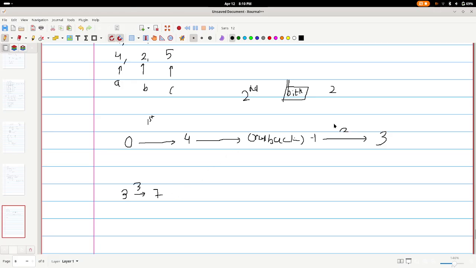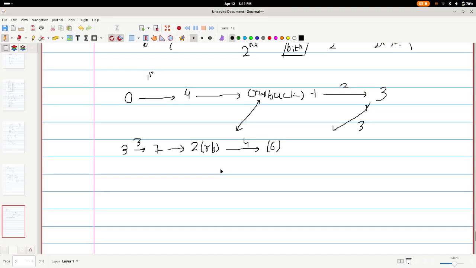Before the 2 bith jump, what do I mean by 2 bith jump? 2 into 2, that is 4. Before the fourth jump, I should roll back by 5 units. This is the roll back, and this is my fourth jump, and I can again jump by 4. So as you can see, the difference between the coordinates after the rollback is actually 3.